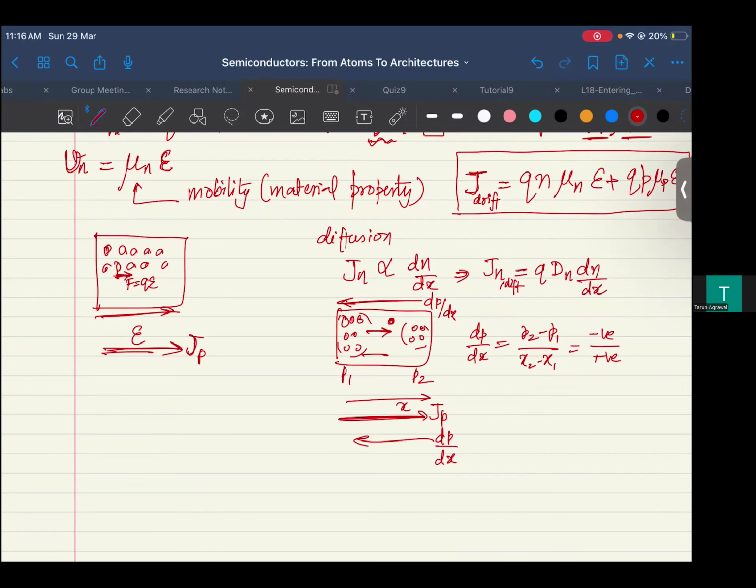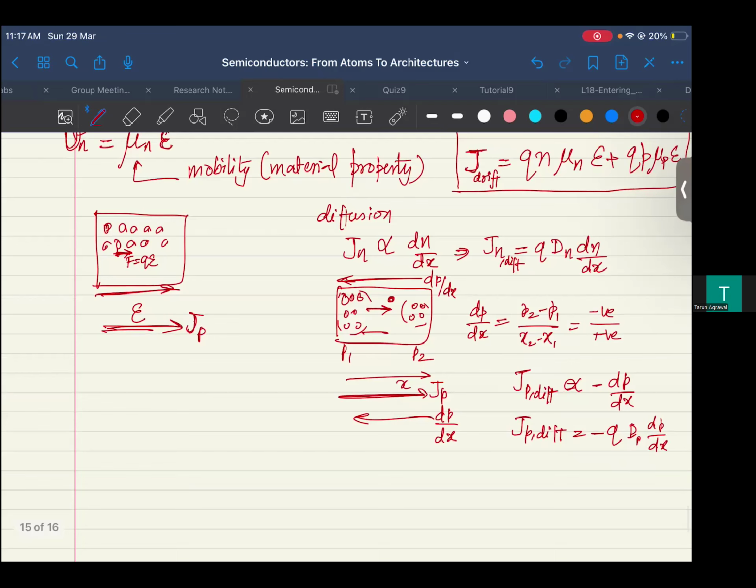So that is the reason why in the diffusion case, this will depend on minus dp/dx, which would lead to your Jp diffusion being equal to minus q Dp dp/dx. So that is one way to check the signs in your equation so that you don't mess up.